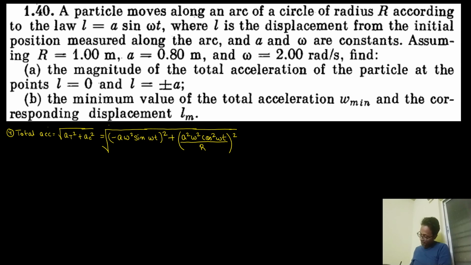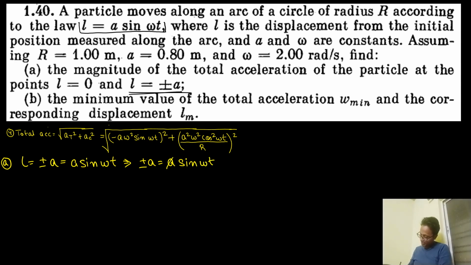Similarly, part 2, at L is equal to plus minus a, which is equal to a sine omega t. Why? Because the value of L is nothing but a sine omega t. If I take both equations, plus minus a is equal to a sine omega t, a and a get cancelled, so plus minus 1 is equal to sine omega t.